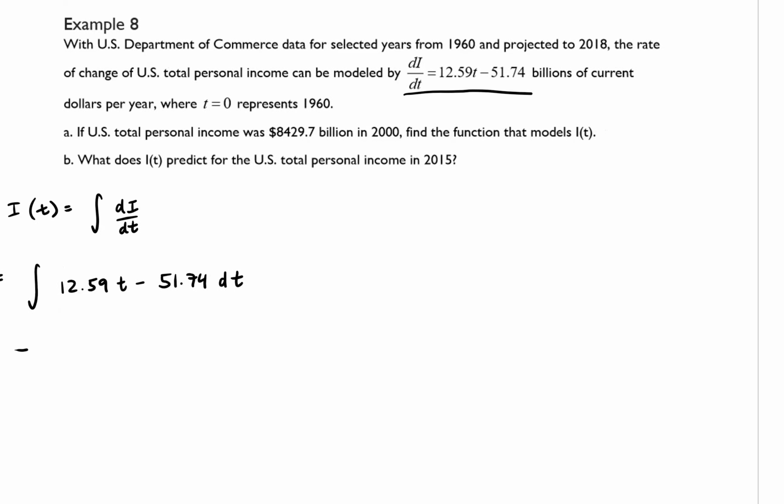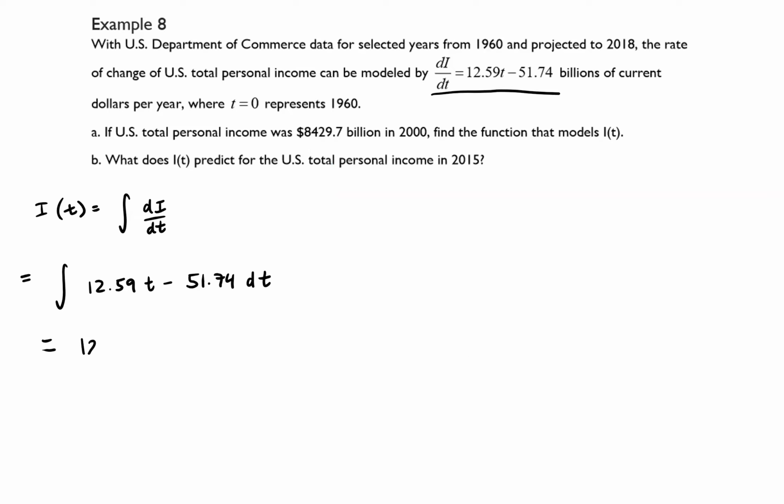And then that's going to equal 12.59t squared over 2 minus 51.74t plus c. So we have I of t is equal to that. Or let me write this up here. This is I of t.